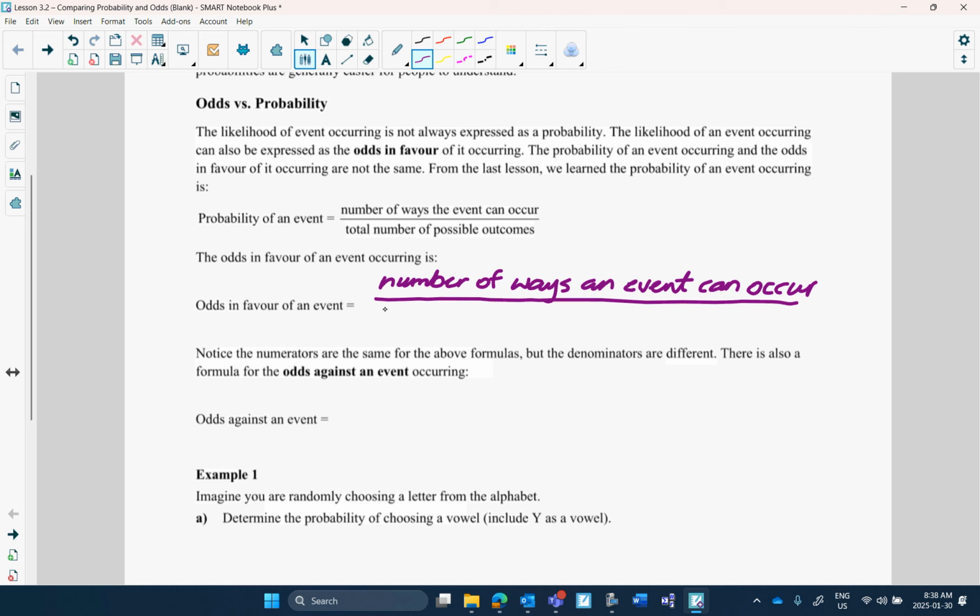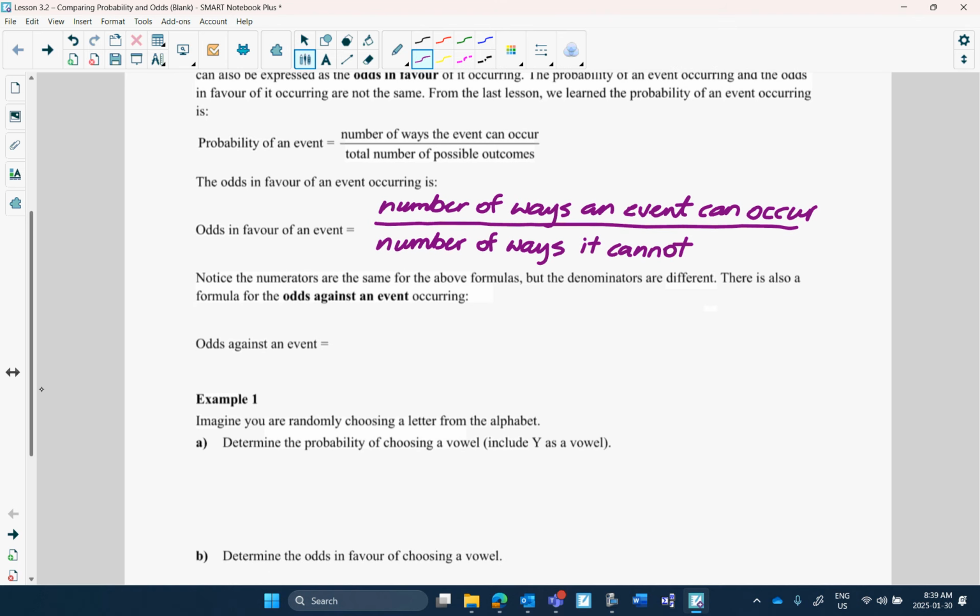We don't normally use decimal and percent for odds. Over the number of ways it can, over the number of ways it cannot. And the odds against an event is just the flip of that.